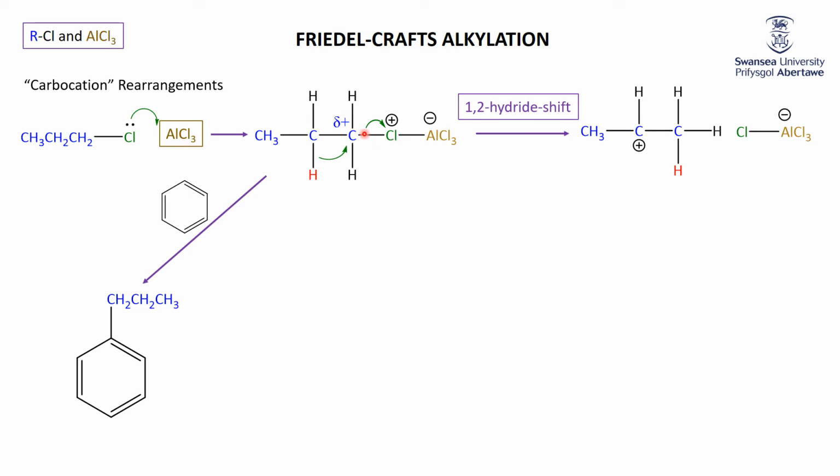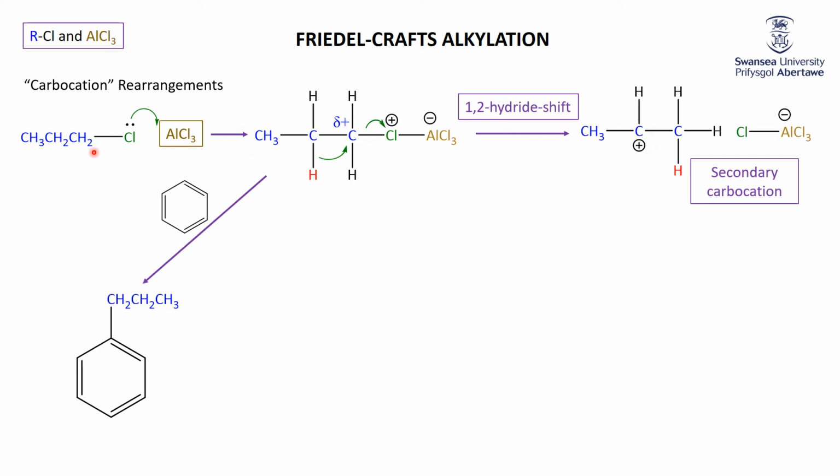But now it's not the carbocation on that primary, we've instead moved the hydrogen from this carbon in a so-called 1,2 hydride shift, right? Moving the hydrogen from this carbon to this carbon, and we've made a secondary carbocation. Now, of course, secondary carbocations aren't as good as tertiary carbocations, but they're not bad. They're certainly better than primary carbocations.